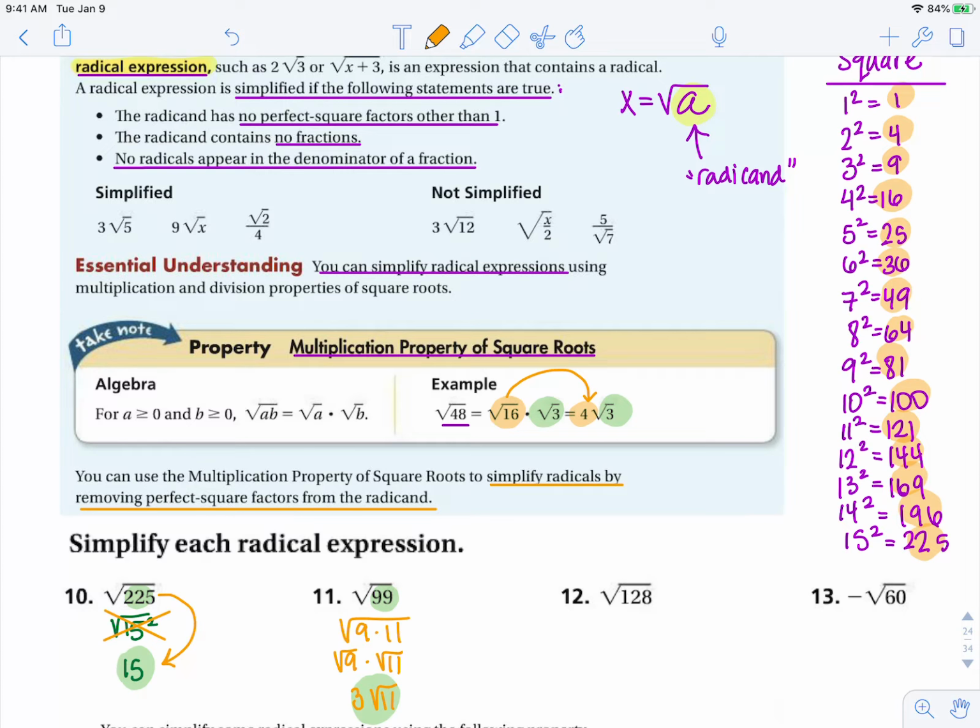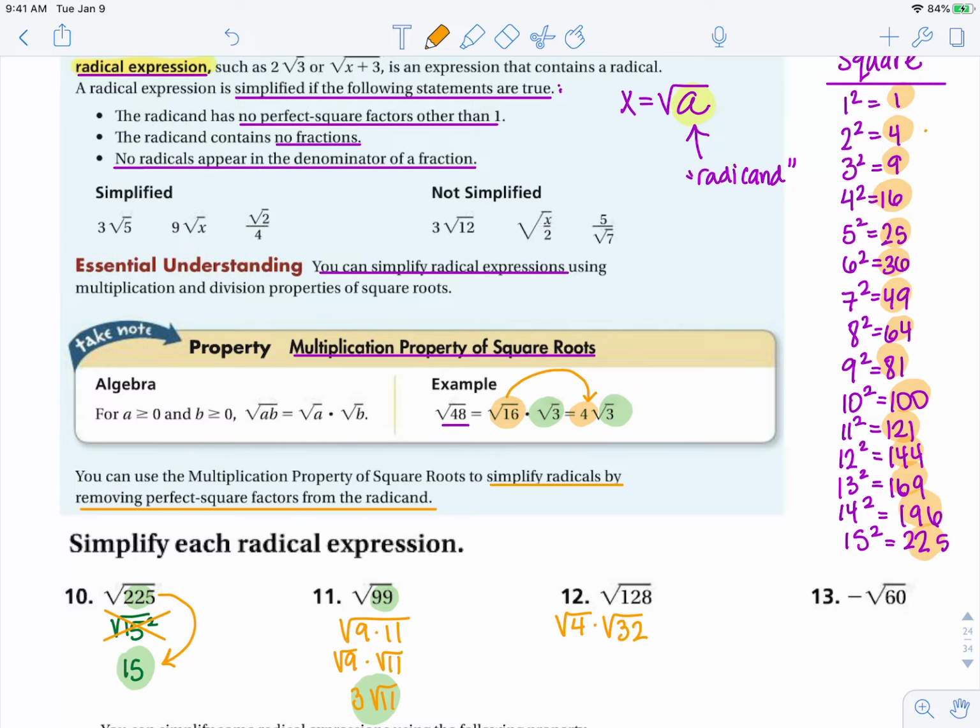Now 128, that's a pretty big number. I could go through and check which perfect square divides in, and I know that the first one that seems to work for me is 4. So this is square root of 4 times square root of 32.